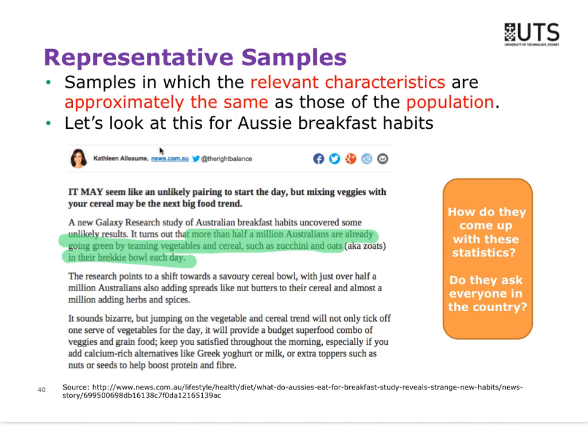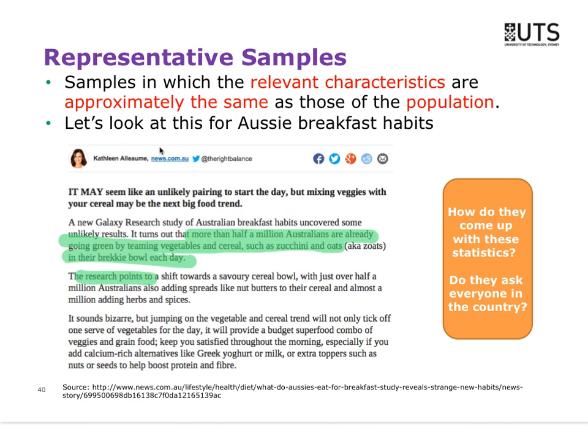Is anybody here putting vegetables in their cereal? No, this came out of news.com.au's lifestyle and health section. So nobody here is putting zucchini in their oats. Maybe they're talking about breakfast bowls. But they're talking about breakfast.